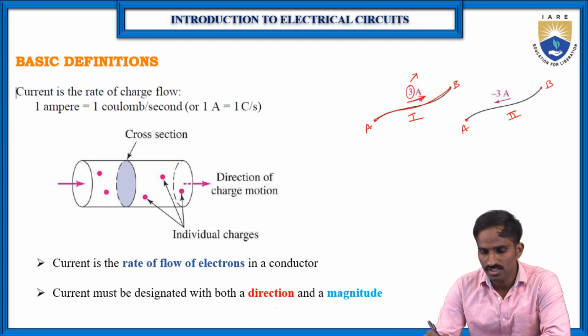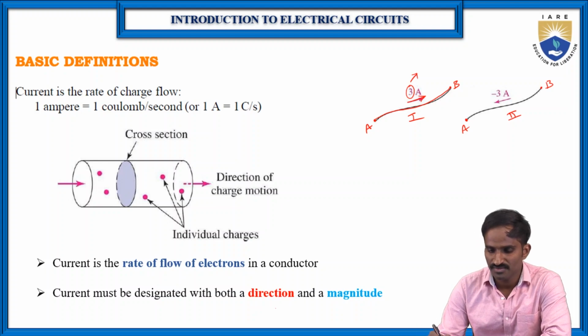The magnitude may be positive or negative, and I will let you know what the negative and positive signs mean. The arrow in this case indicates the direction B to A, but the actual direction of the current is A to B. Why?